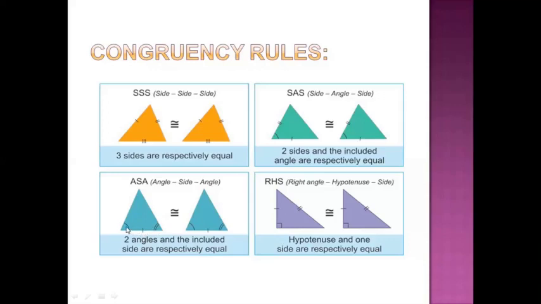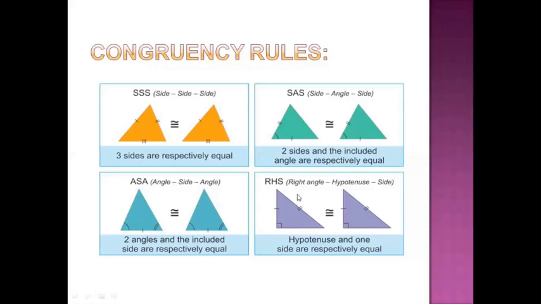So if the first angle of the first triangle and the first angle of the second triangle are equal, and the side in between these two angles is equal, and the second angle of both the triangles is equal, then these two triangles are said to be congruent.